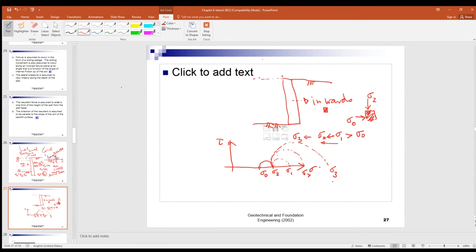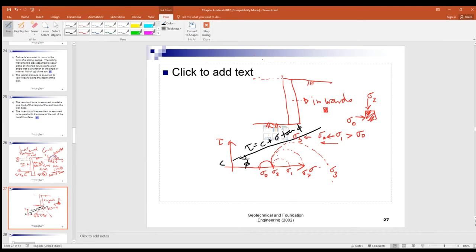Now, if you draw that's C, that's phi, and that is the strength envelope, C plus sigma tangent phi.